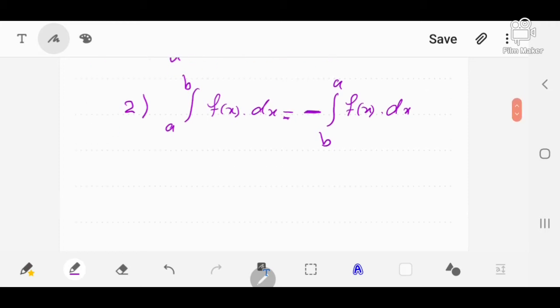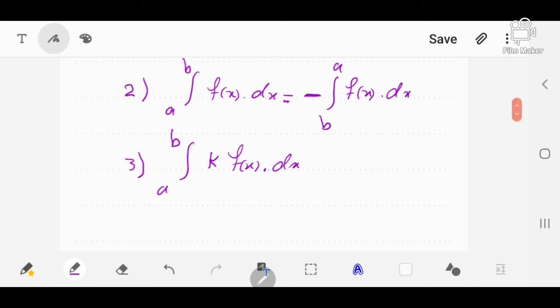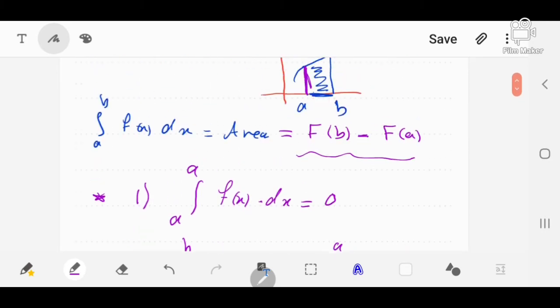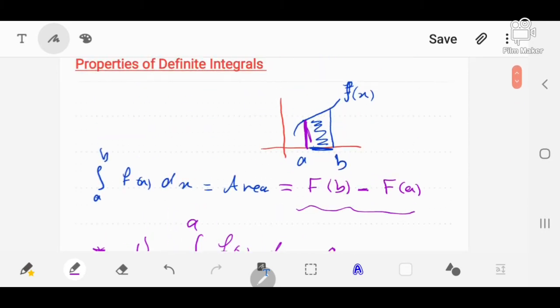Third property, it says the integration of any constant times a function from a to b, and this one works for the indefinite integral too, not only for the definite. What would this be equal to? Remember what we said about the area here. How did we figure out what the definite integral is?